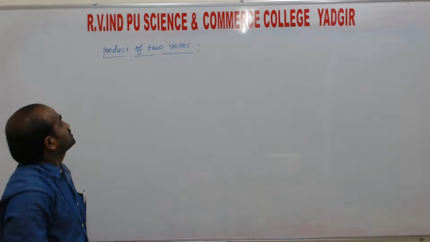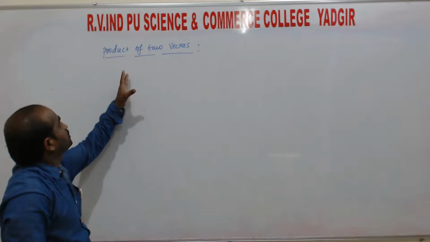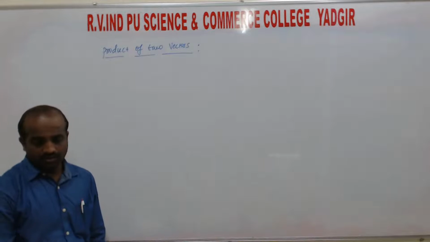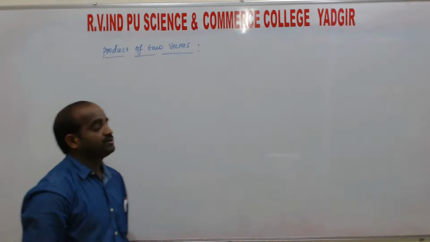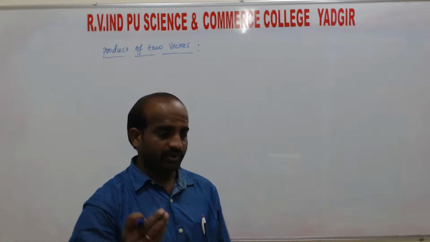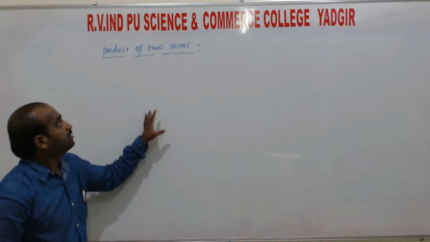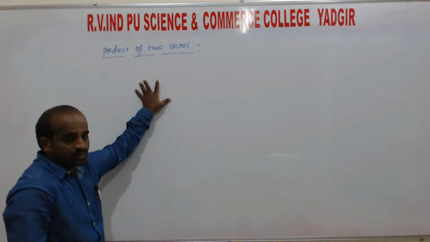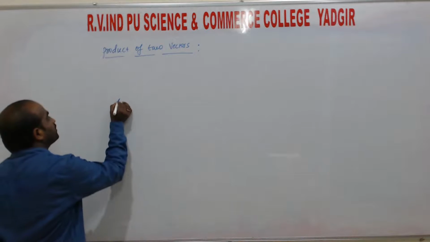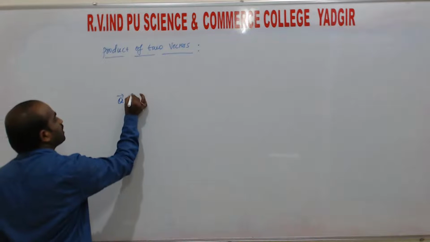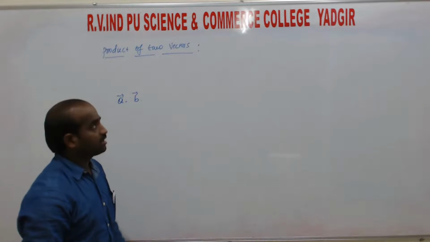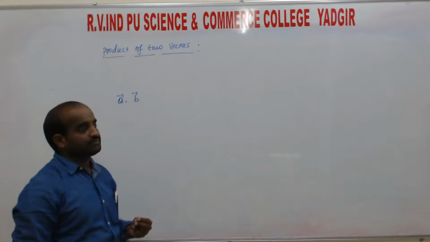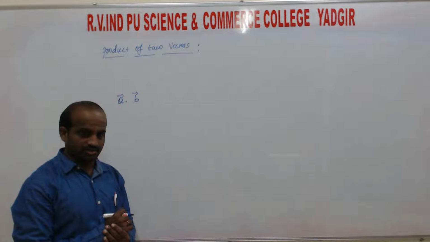Now, there are two ways of defining the product of two vectors.